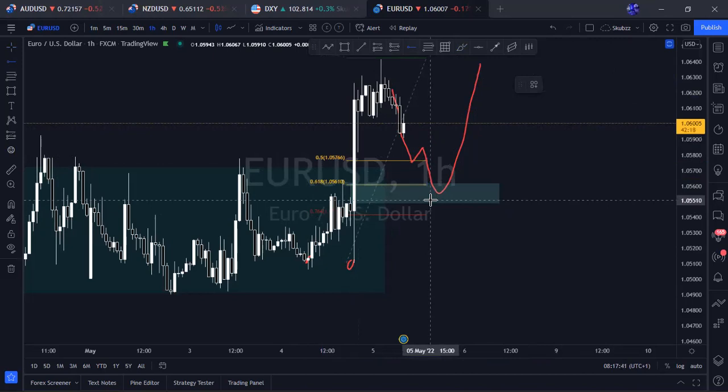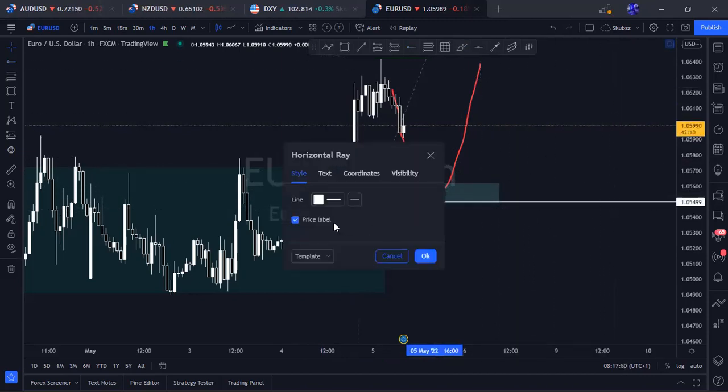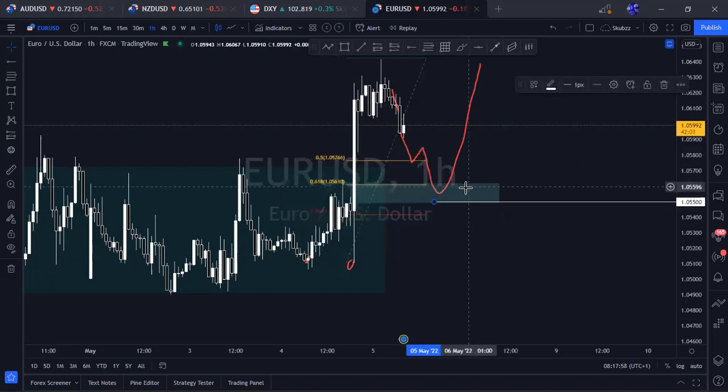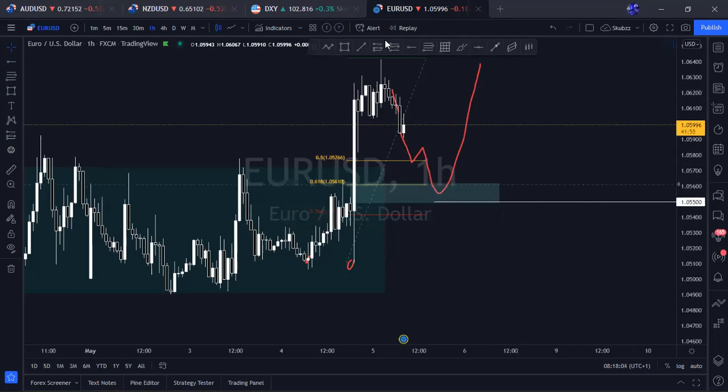Let me pin that psychological level. Good. So now I think I'll be setting my alerts around here at the top of this point here. I'm setting my alerts there. But then let's watch and see how price will behave at this point.